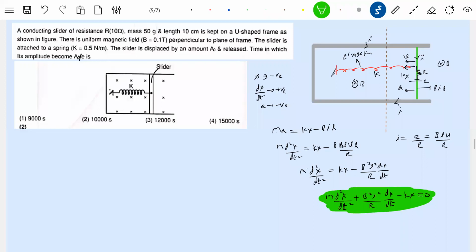Damping effect, damped oscillations. So you compare with the damped oscillations.